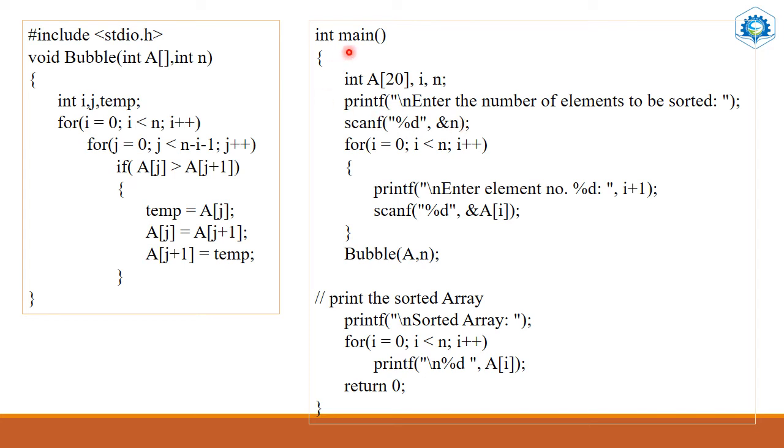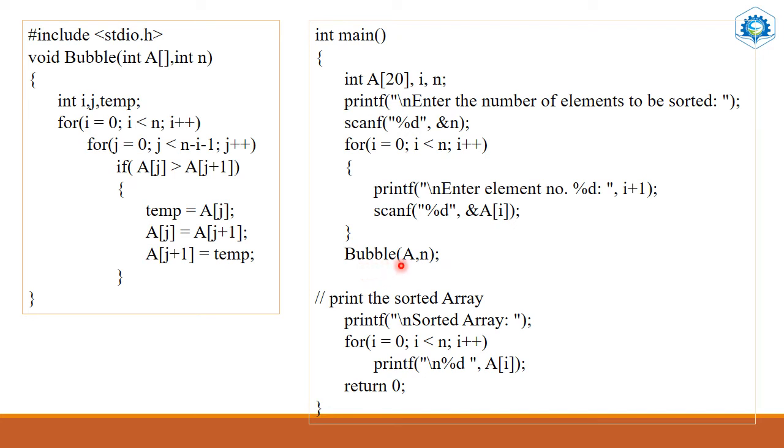Let us start our execution from the main function. In the main function an array of size 20 is allocated, and we are entering the number of elements, n, and inputting the n elements of the array a.